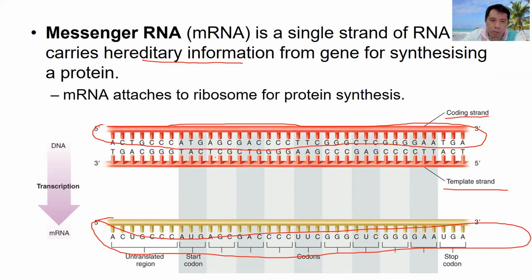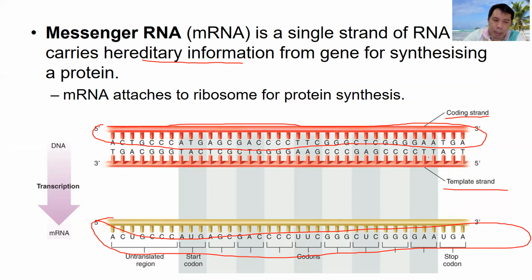When we use this as a template strand, we can synthesize an mRNA which contains the same genetic information as the coding strand. Look at the information, they are the same, except T is replaced with U, because in RNA there is no thymine. Then G, G, C, C, C, C, and so on. So this is the template and the coding strand.